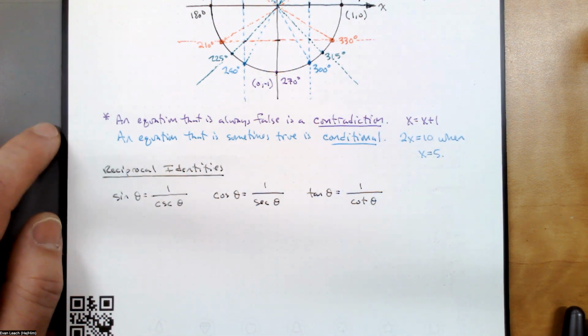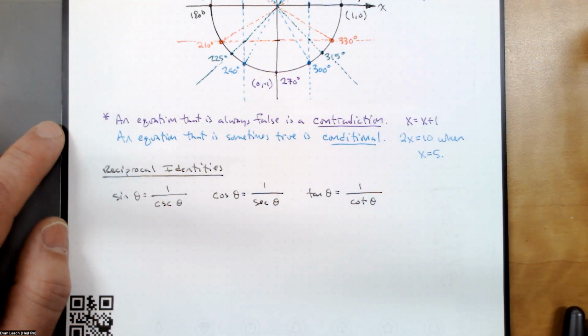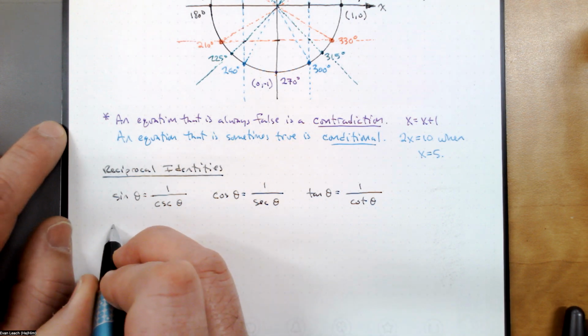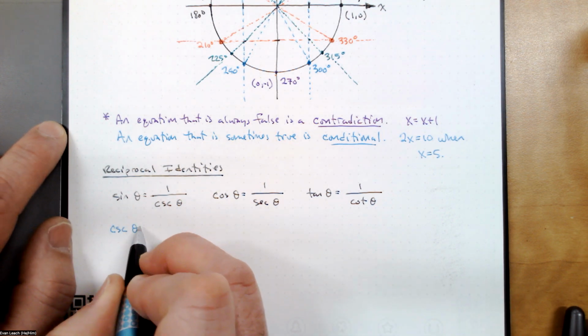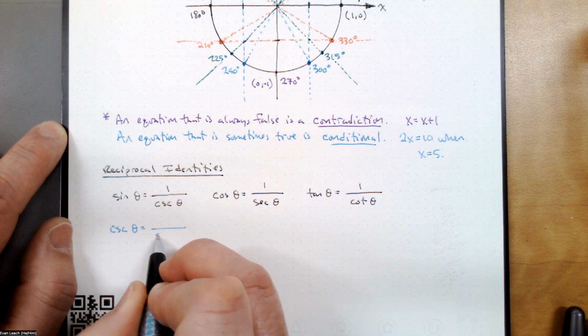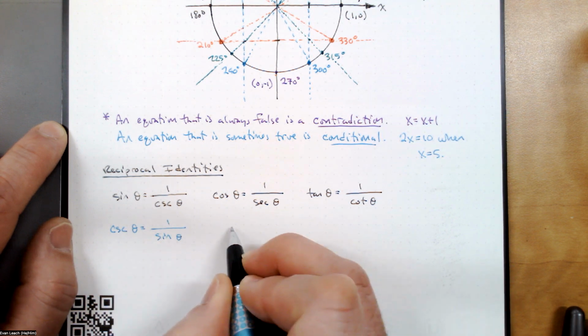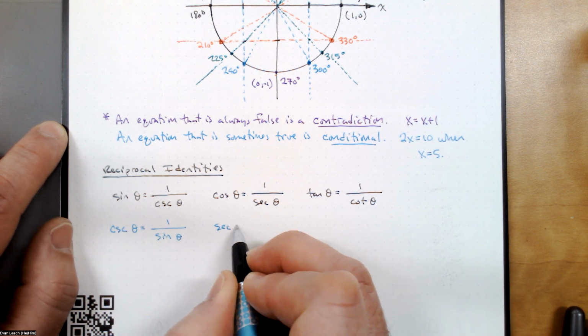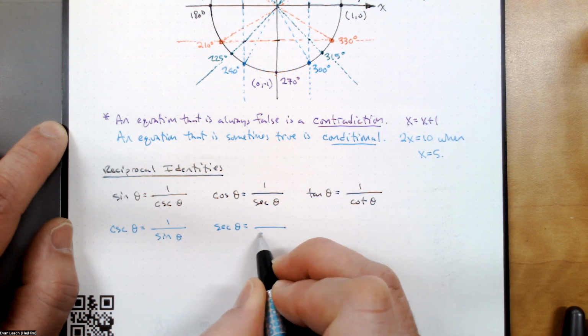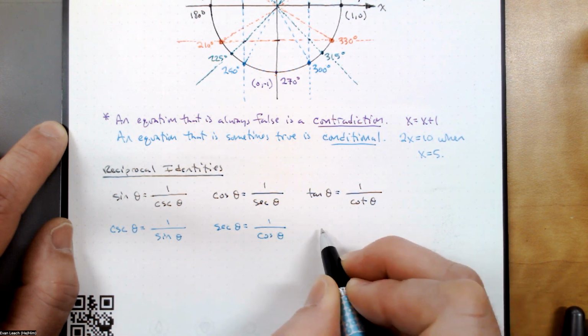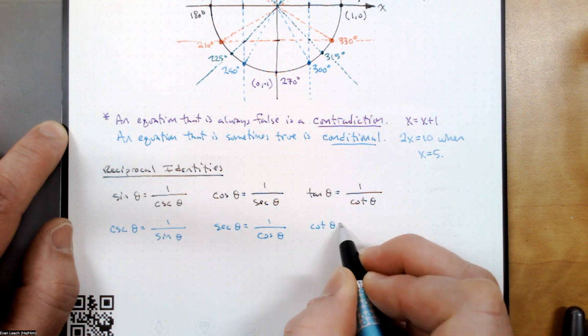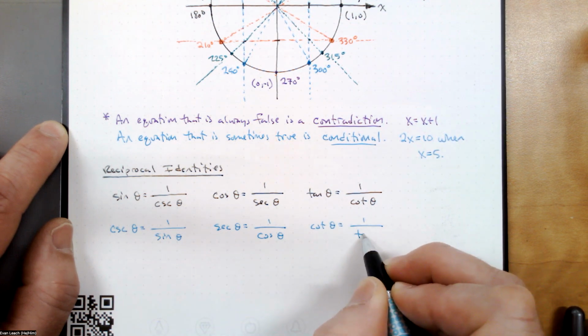We can write these also as cosecant theta is 1 over sine theta. Secant theta is 1 over cosine theta. And cotangent theta is 1 over tangent theta.